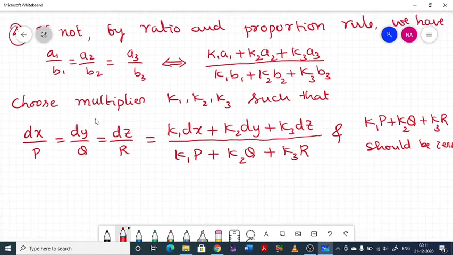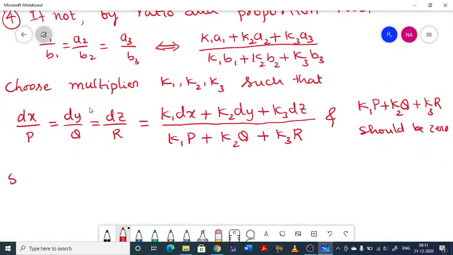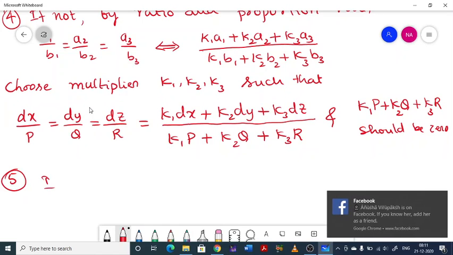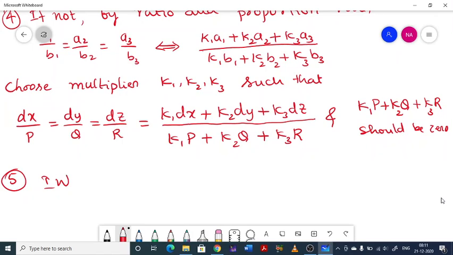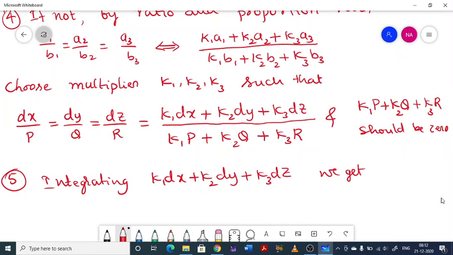Then the solution will be integrating the numerator term. What is the numerator? k1 into dx plus k2 into dy plus k3 into dz. So integrating this term, we get the solution u of x comma y comma z.